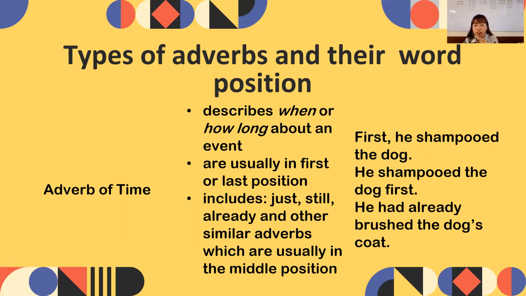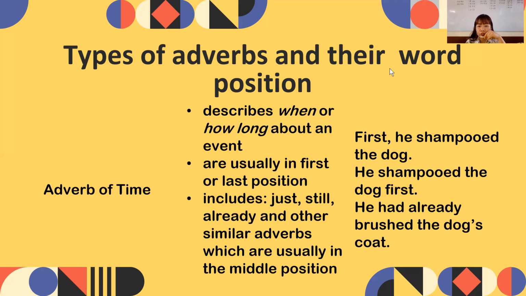For example, in this sentence, he shampooed the dog. Let's not include the adverb of time first, and focus on the sentence he shampooed the dog. He here is obviously our subject. Shampooed is the verb, the act of putting shampoo or washing someone's hair or someone's mane with shampoo.